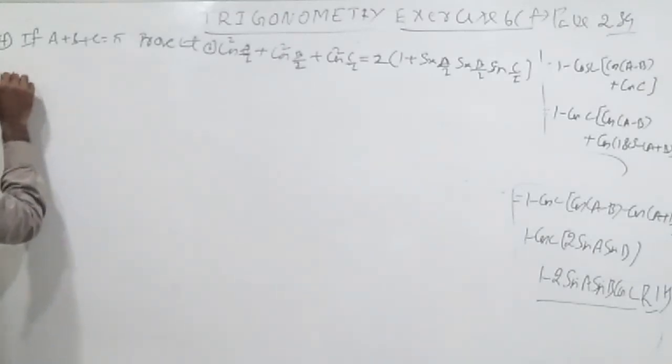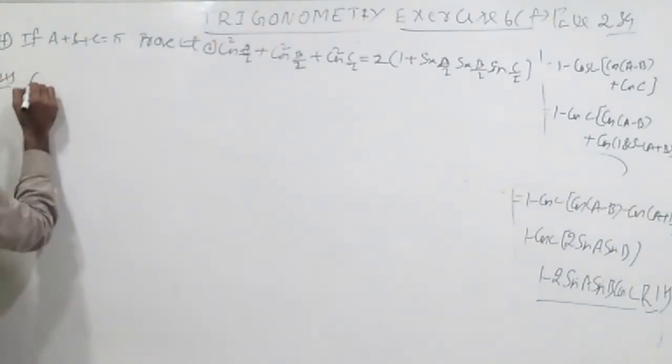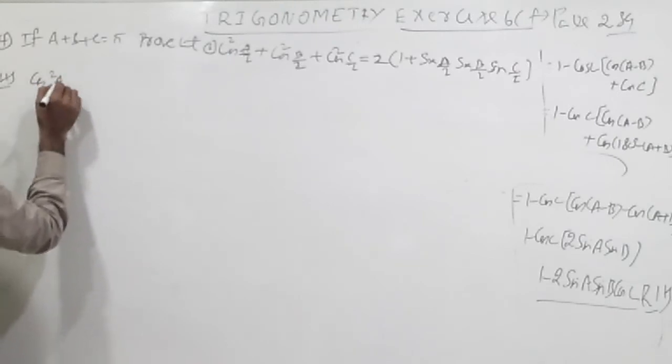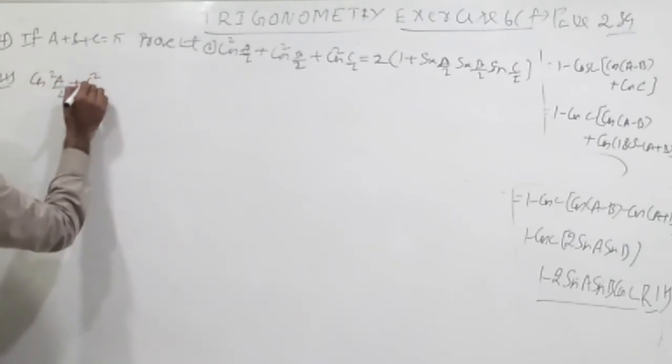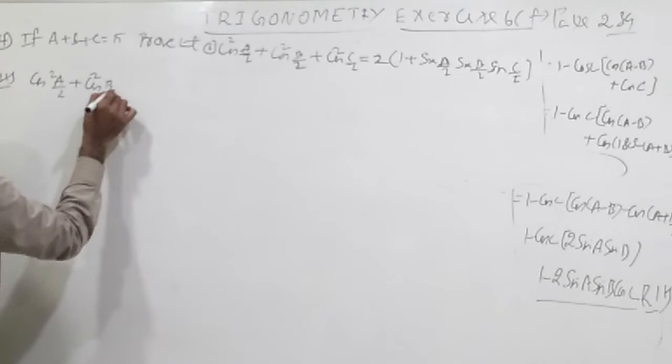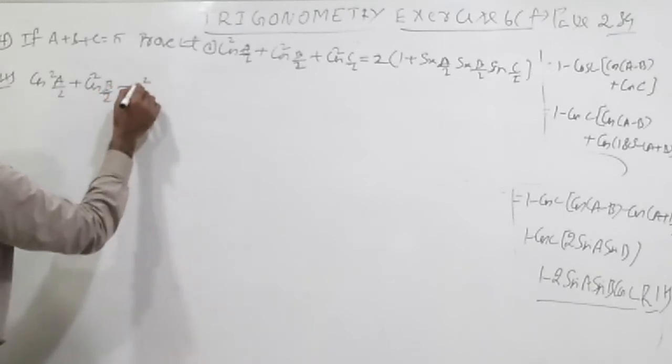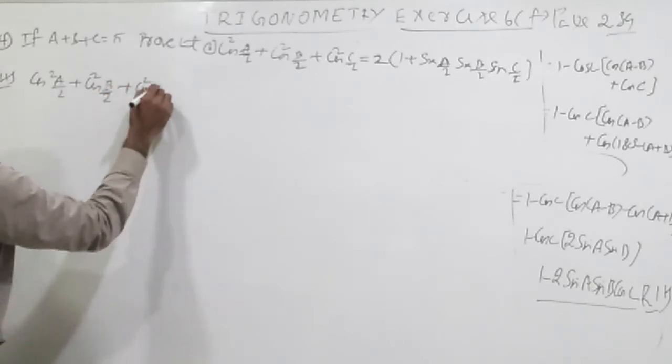Now take the LHS. Given: cos square a by 2 plus cos square b by 2 plus cos square c by 2.